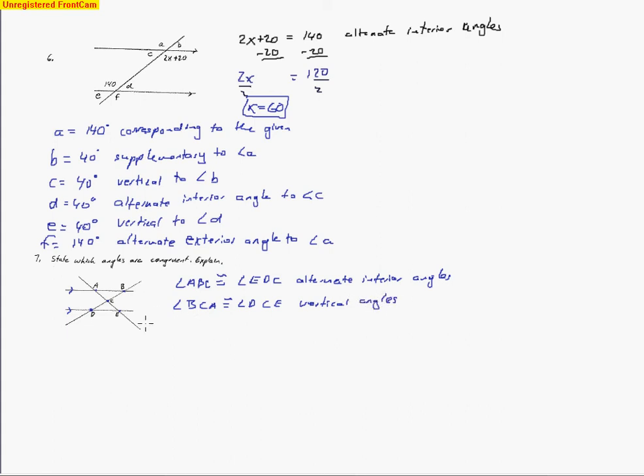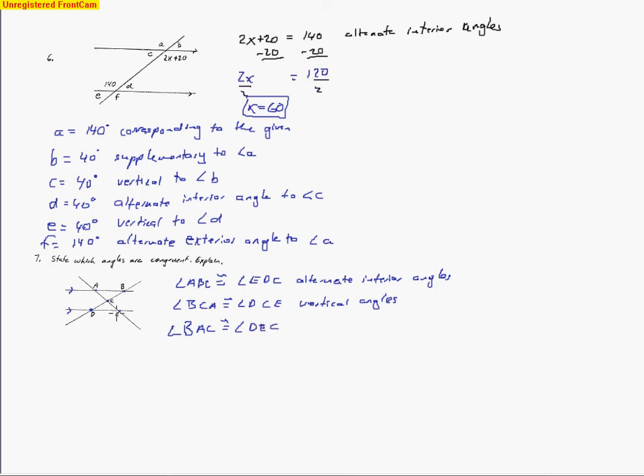And now I've got one more. The last one would be with A in the center. Notice how the center point is the angle. So I'm going to go from B, and then over to A, and then C. So BAC. This angle right here is going to be congruent to angle DEC.